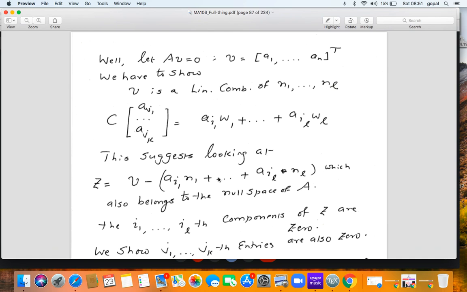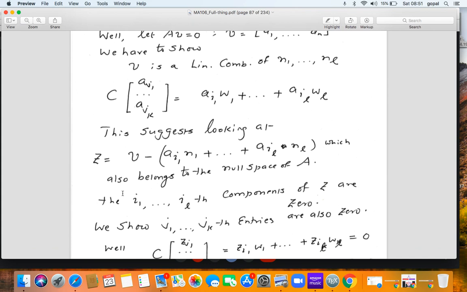So ai2 n2 will have 0 in the I1th slot. Similarly, ail nl will have 0 in the I1th slot. And so Z has 0 in the I1th slot. Similarly, Z will have 0 in the I2th slot, ..., ILth slot. The I1, I2, ..., ILth components of Z are already 0.